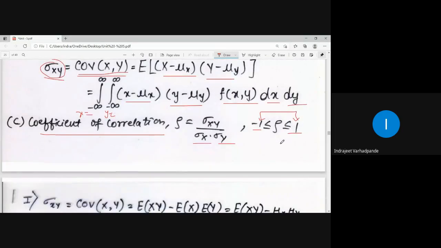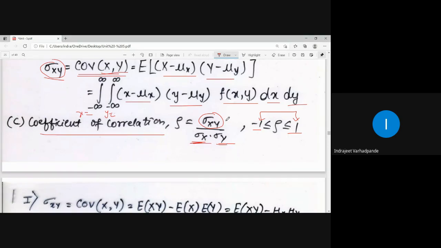What is rho? Rho is given to you as sigma xy upon sigma x into sigma y. What is sigma xy? Sigma xy is nothing but the covariance of random variables x and y. Sigma x is nothing but the positive square root of the variance of x. Sigma y is the positive square root of the variance of y.